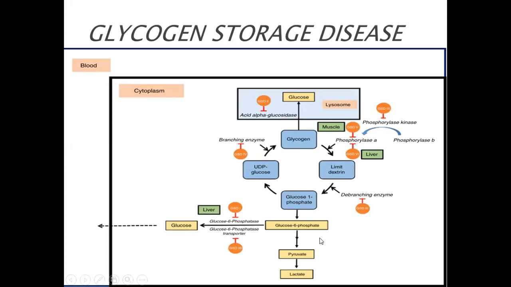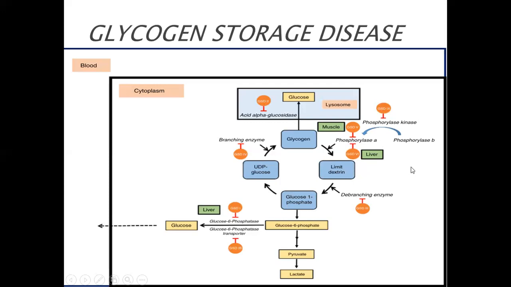During anaerobic states, the glucose 6 phosphate may be converted into pyruvate, eventually leading to formation of lactate. Any deficiency or mutation of the enzymes involved in glycogen and glucose metabolism would lead to what we call glycogen storage diseases.